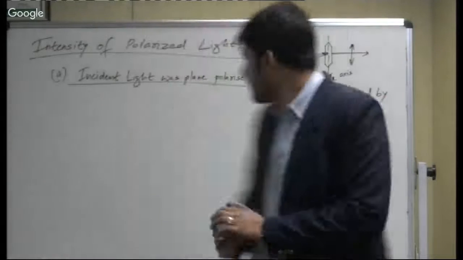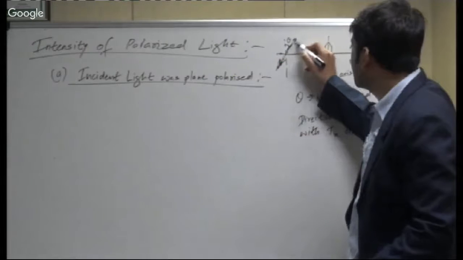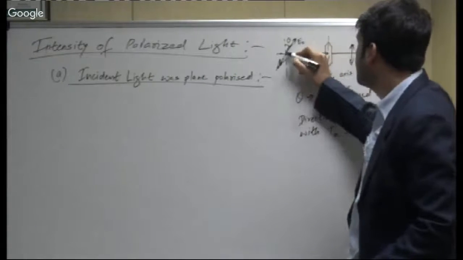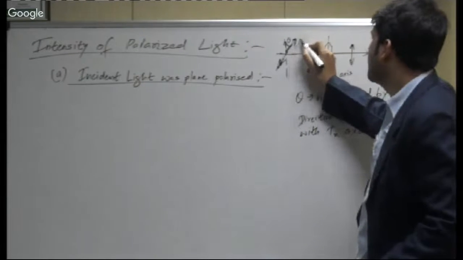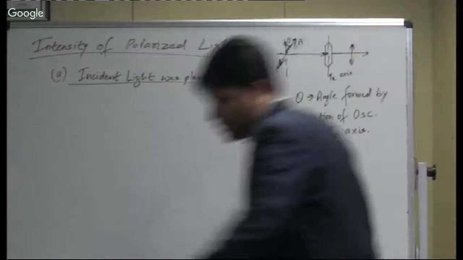Okay, so let's break this electric field E naught into two components. Let the amplitude of the electric field be A. Okay, I'll redraw it.